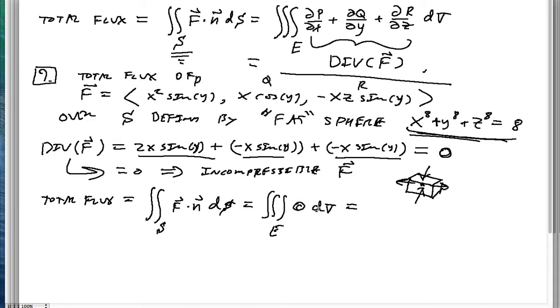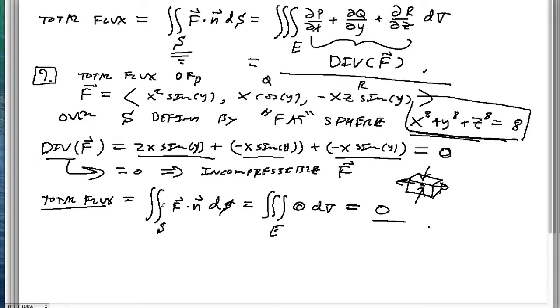So the integral of 0 over any region is going to be 0. So the total flux is 0. So we see that by using the divergence, we could take what would otherwise be a very complicated surface to integrate over, and very quickly get to the solution that we wanted in this particular example.